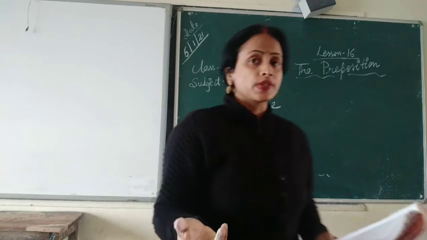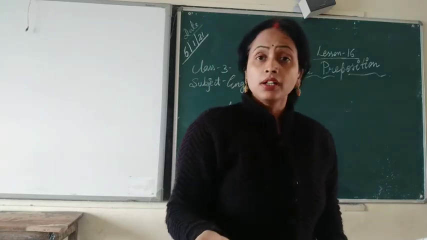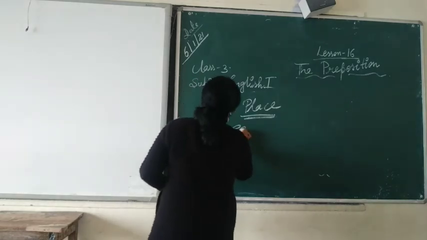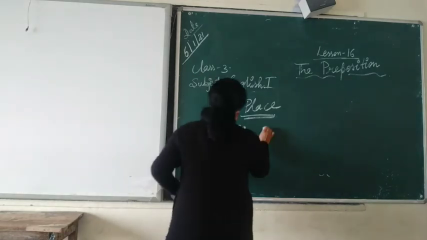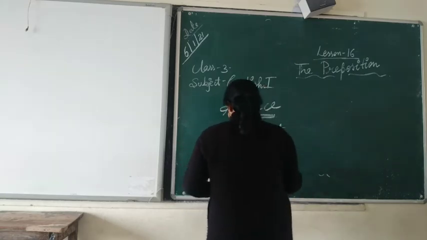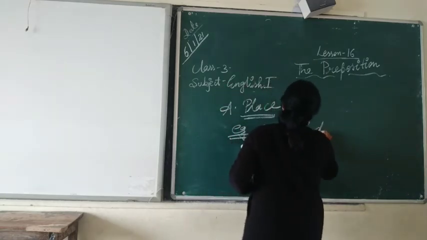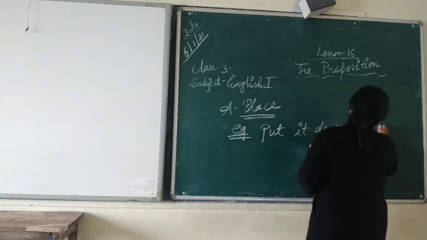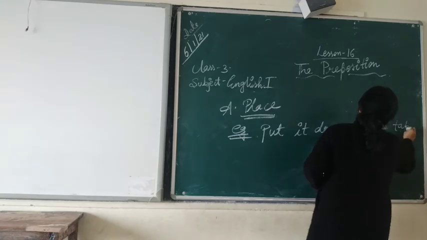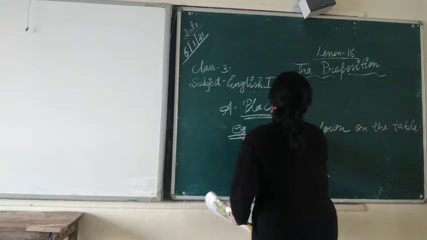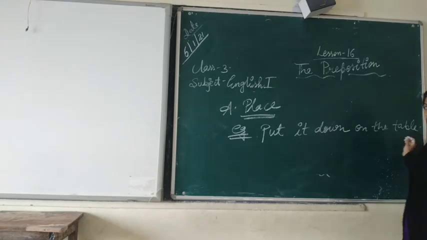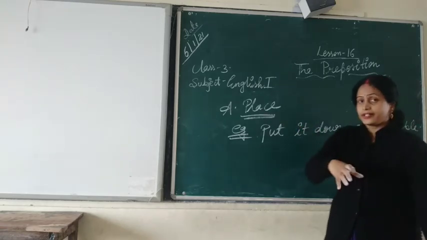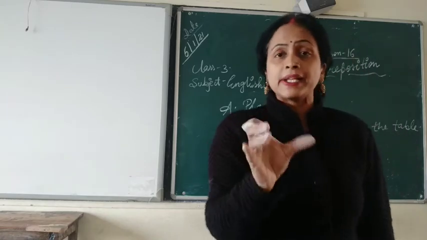Which word will we use as a preposition for place? Just see this example: put it down on the table. Here it is telling you about a place. Where? On the table.